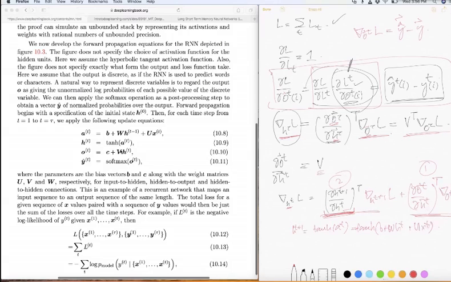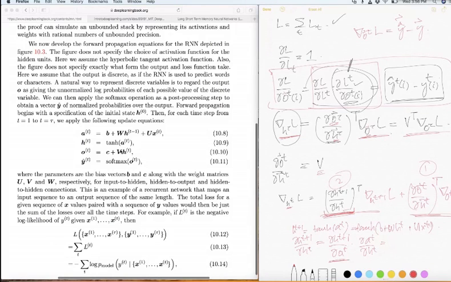And now this derivative is simple. You can write partial h_{t+1} over partial h_t as partial h_{t+1} over partial a_t into partial a_t over partial h_t, just by chain rule. What is this?